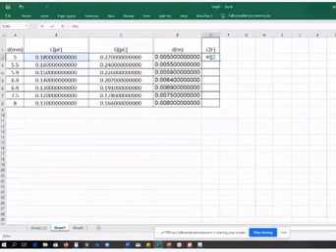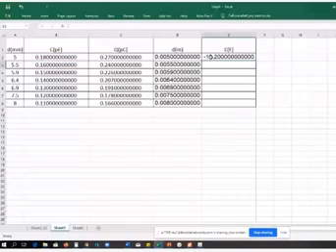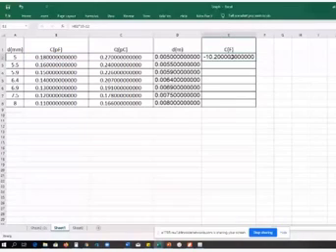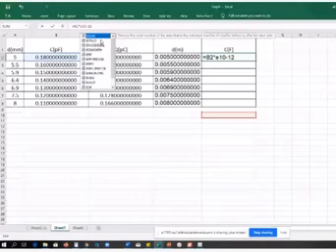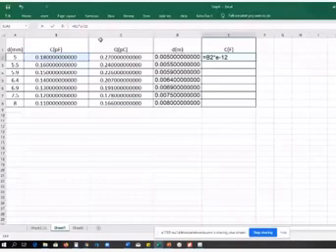B2 multiply by 10 raised to power minus 12. Is that okay? Just a minute, please. 10 raised to power minus 12. Okay.